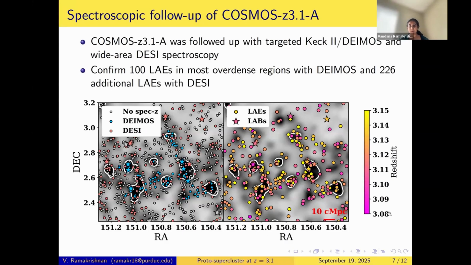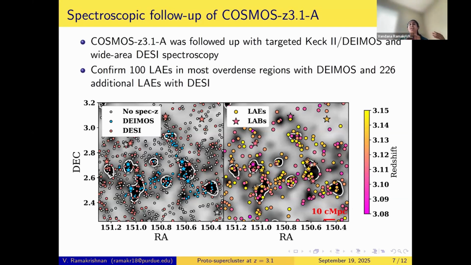I hope it's evident just by looking at the colors of these sources, when they're color coded by redshift, that sources which are close together in the sky also seem to have similar redshifts, right? So this on its own already makes it seem like this structure is real.